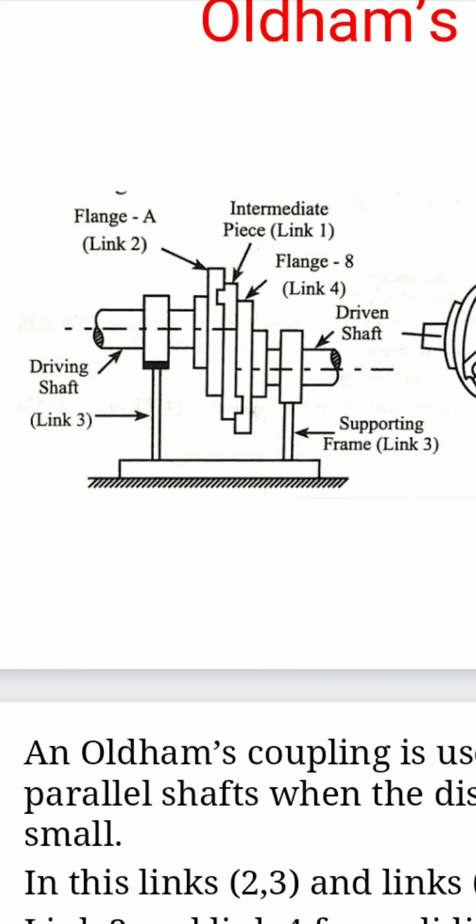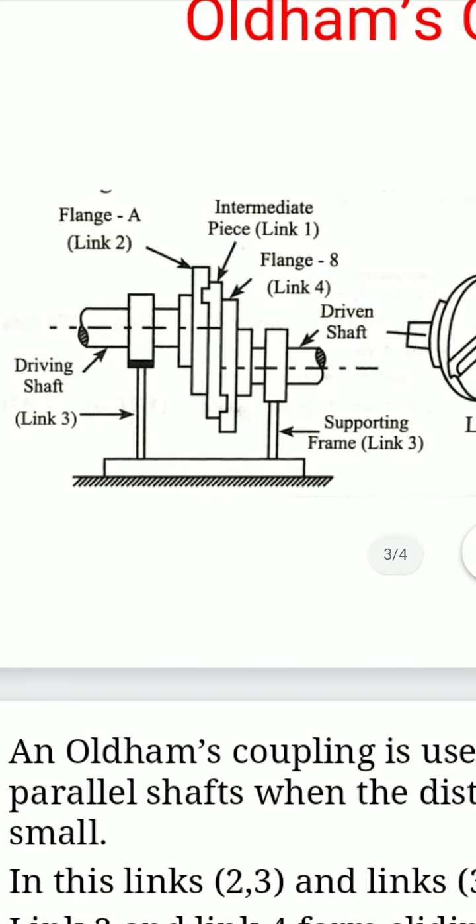So this transfers the motion to whom? This transfers the motion to the intermediate piece, which is link 1, and link 1 again transfers the motion to link 4, as you can see clearly. As link 4 is connected, if it rotates with the same speed, naturally it transfers the speed to the driven shaft.